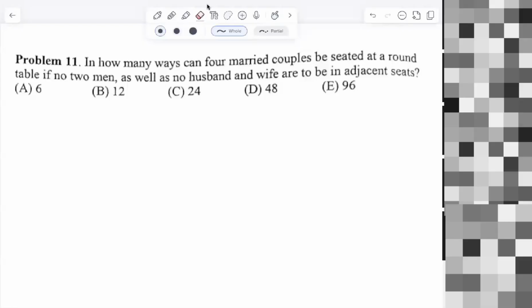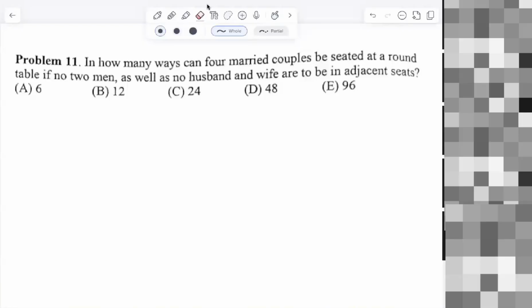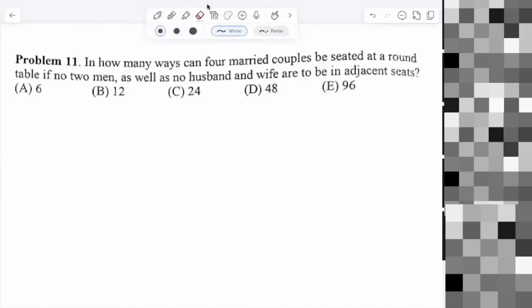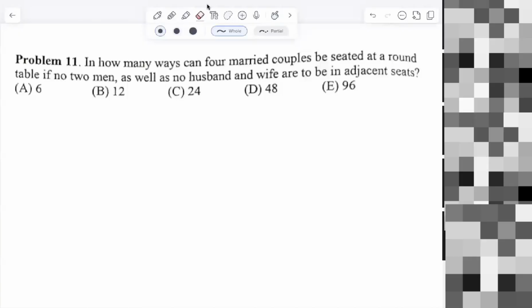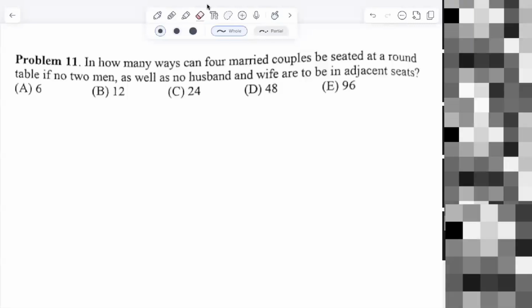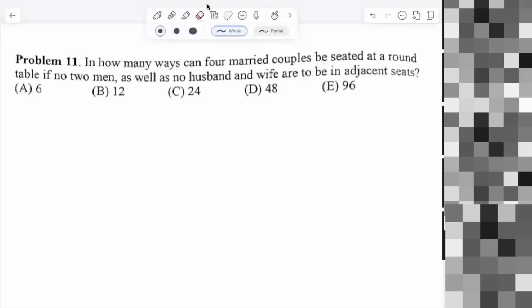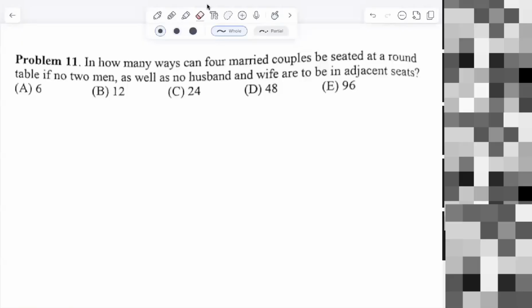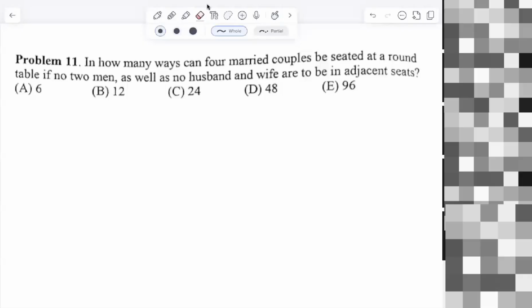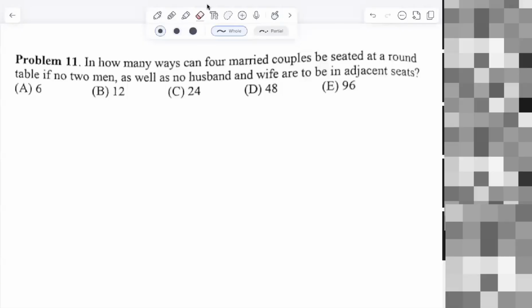Since there's rotation involved, normally to seat 4 women in a row we would have 4 factorial. But it is in a circle.